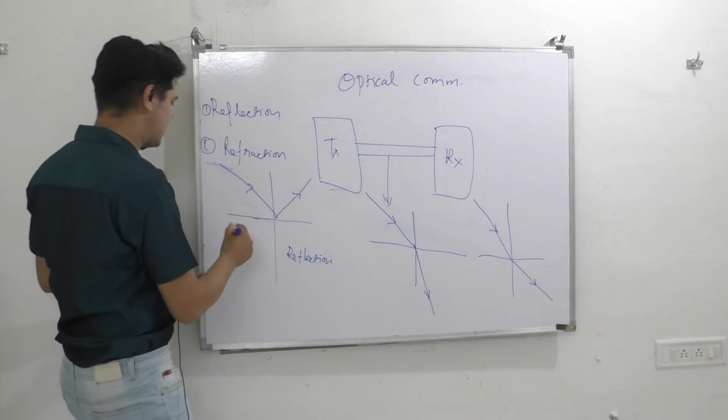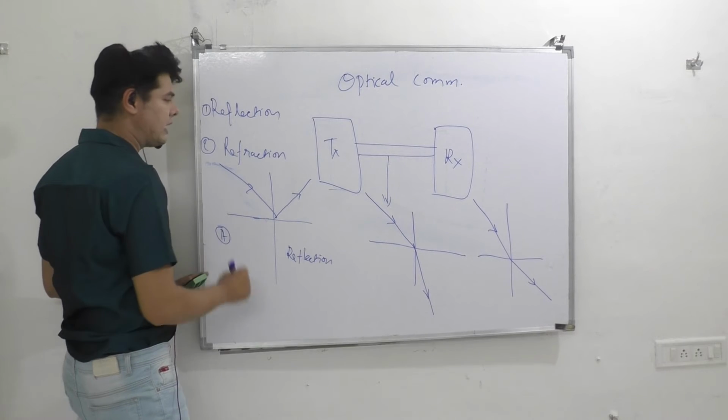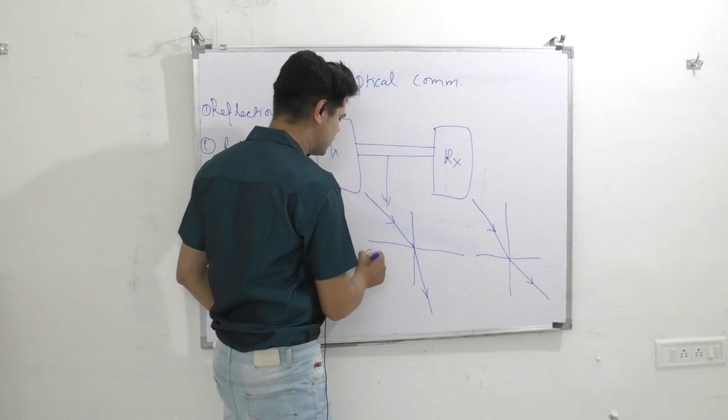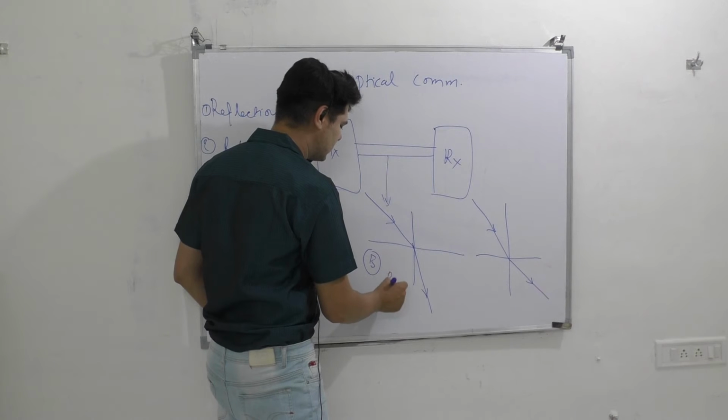This is diagram A, which is showing the reflection, and these are the diagrams of B, which is showing the refraction.